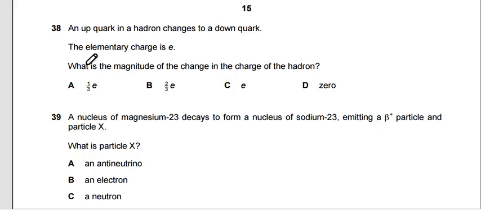So, as the up quark has a positive 2 over 3 E, and it changes to negative 1 over 3 E because it changes from an up to a down quark, the total change is E. When you subtract, minus 1 over 3 minus 2 over 3, it will give you minus 1, which is a change by E.